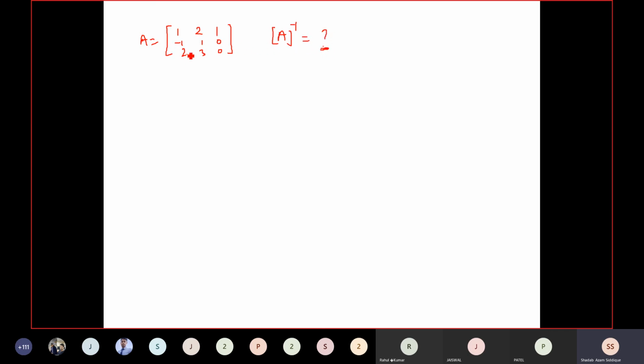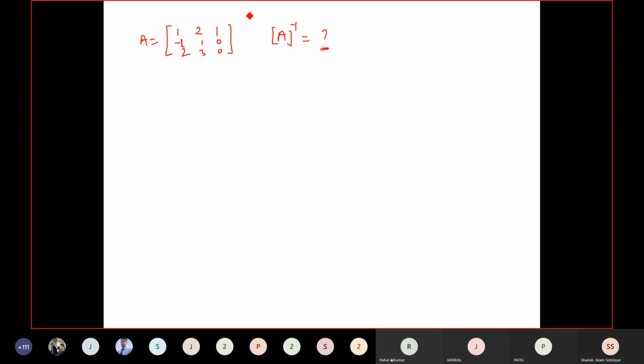What is the inverse of this matrix? Try to find it, and I'll let you know in the next class what the shortcut method is, and how you can find it using the shortcut method. You can find the determinant. If the state variable representation is 3 cross 3, that will be a lengthy problem, so try to use the shortcut method to find the inverse, and that will be easy for you.